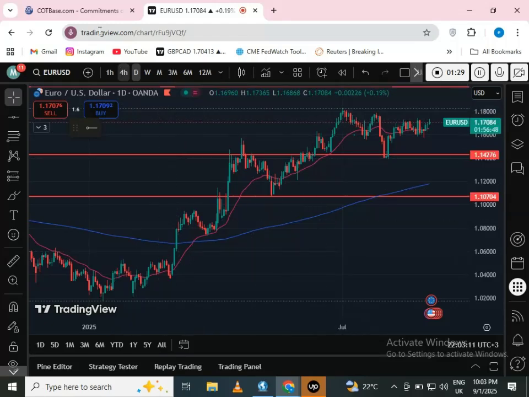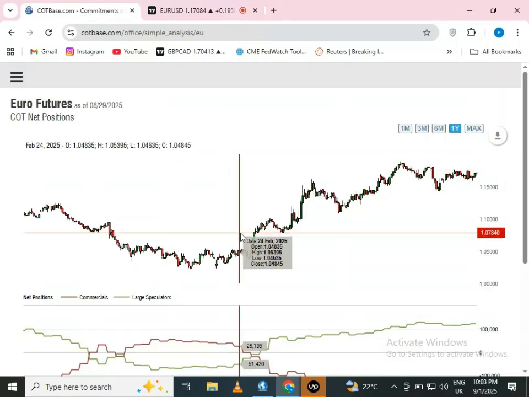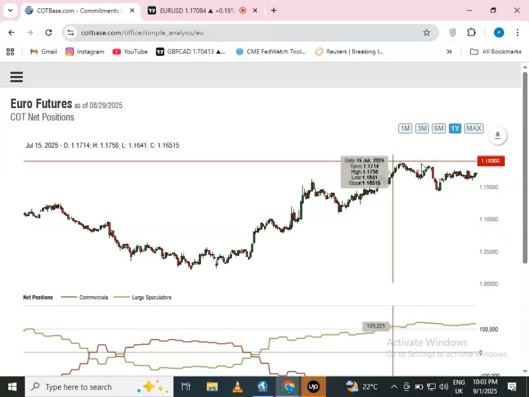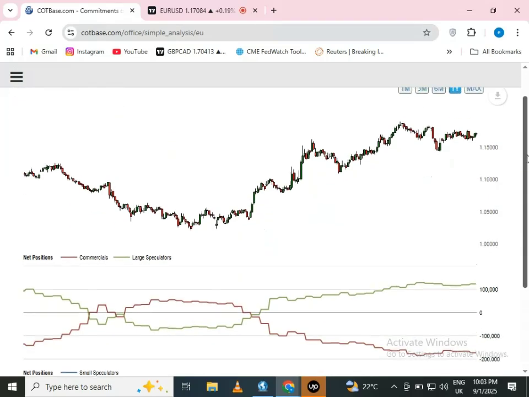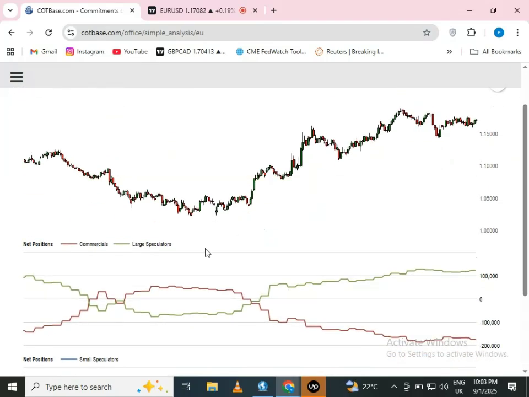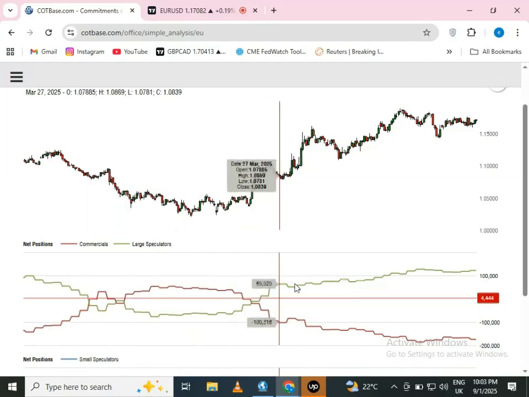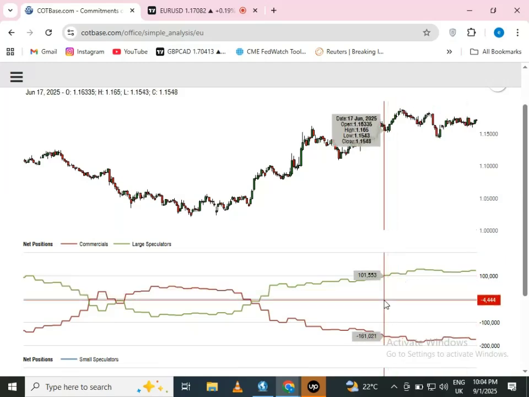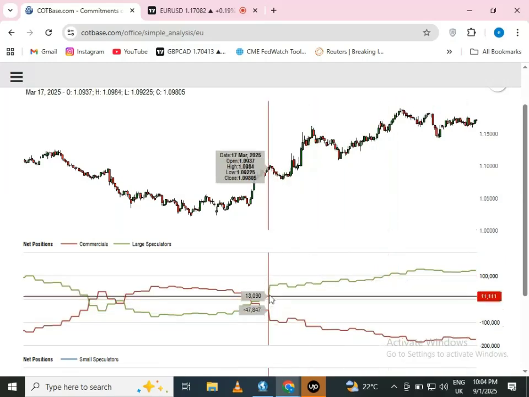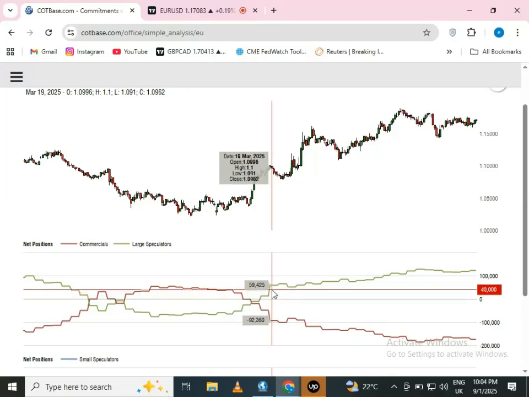So let's look at the COT reports here. For example, this week's COT report, which was presented last Friday. Let's look at Euro futures. This green line represents the large speculators. When I say large speculators, I mean the big market movers. Whenever they're above the zero, it means they are long and bullish, they're buying a lot.